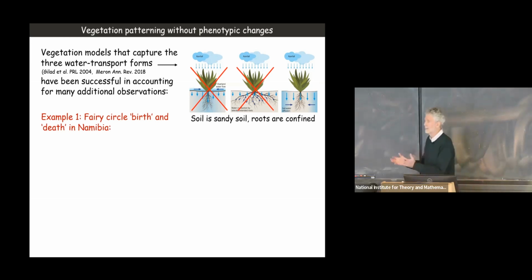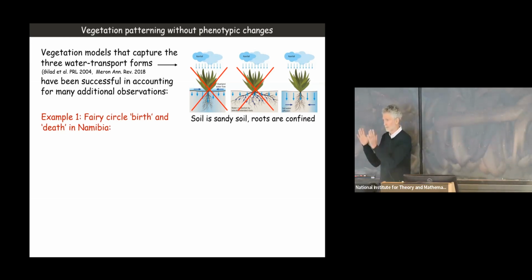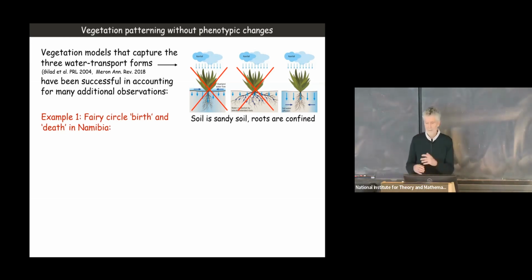Now in Namibia, the soil is sandy, and the roots are laterally confined, so overland water flow is not relevant. There is high infiltration everywhere into the soil on very short timescales.